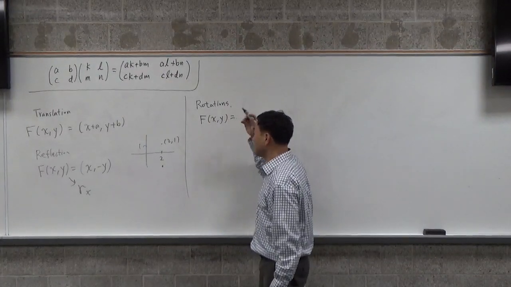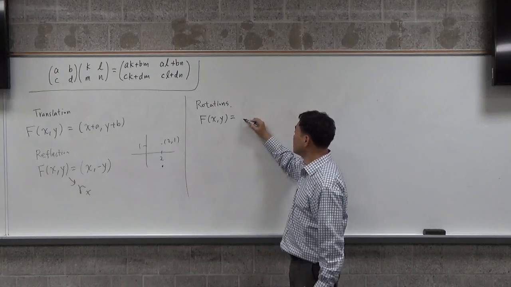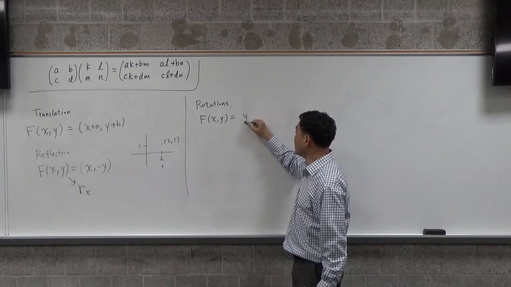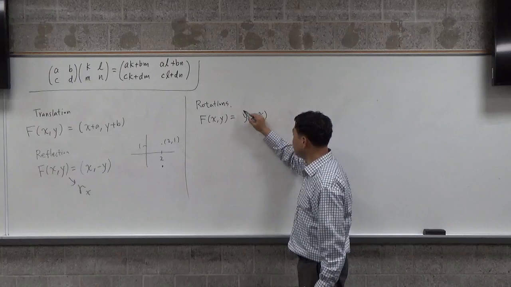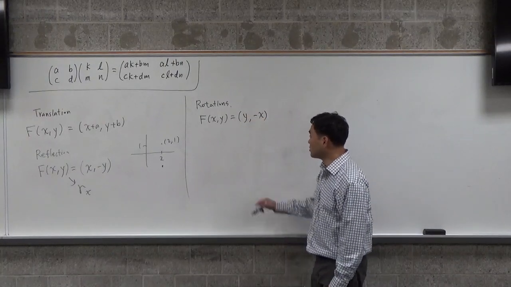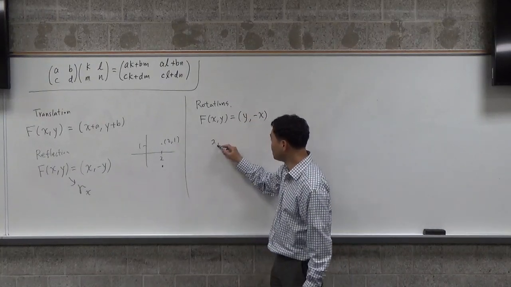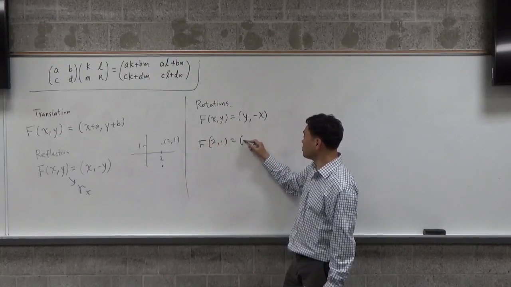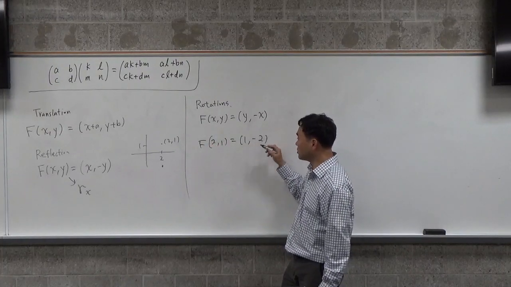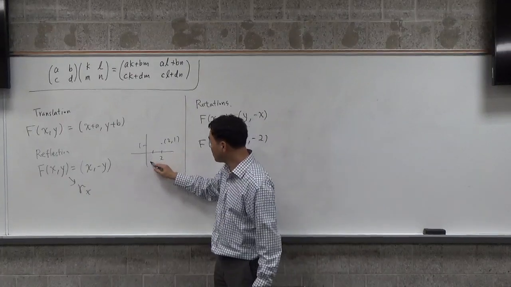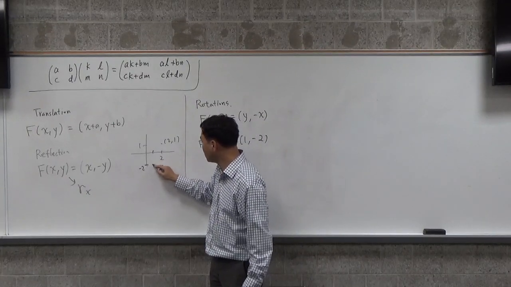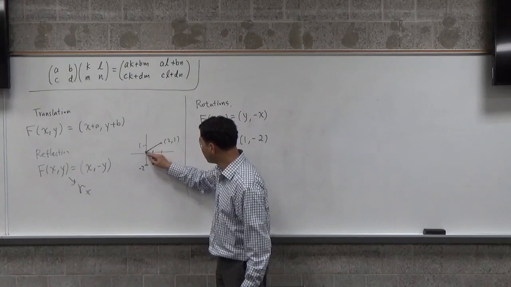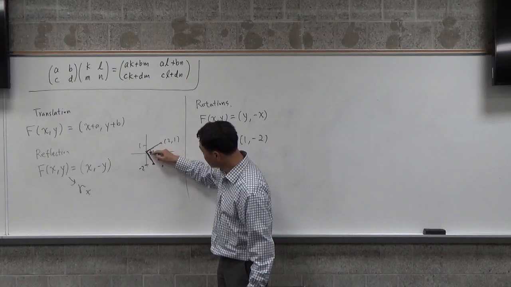If you send this to y comma negative x, let me see, what does that do? If I put 2, 1 into f, this takes it to 1 comma negative 2, right? What's that? 1 comma negative 2. So we went from here to here.